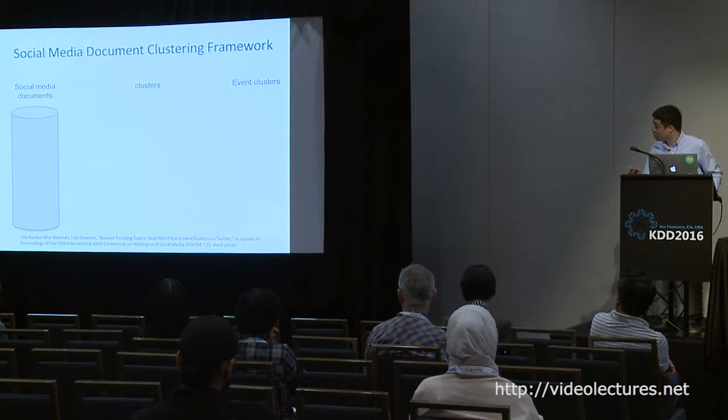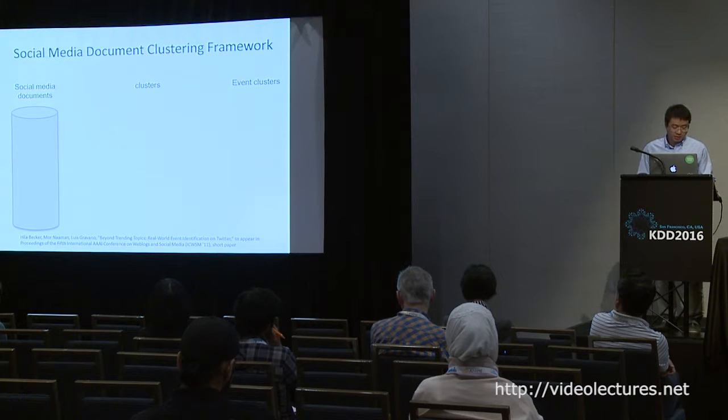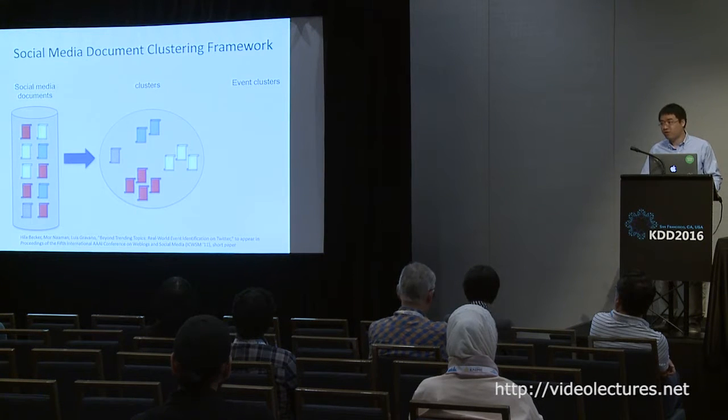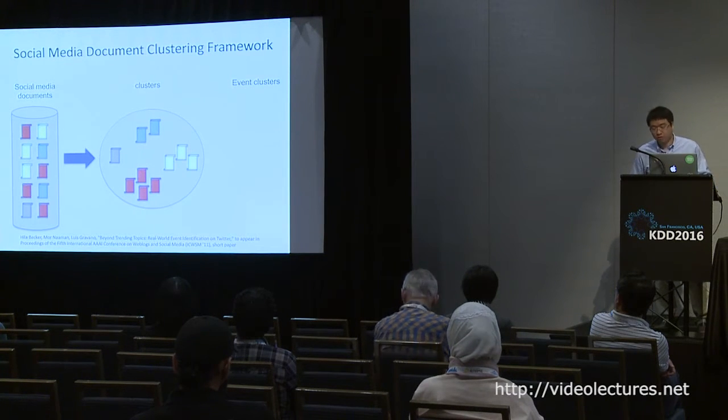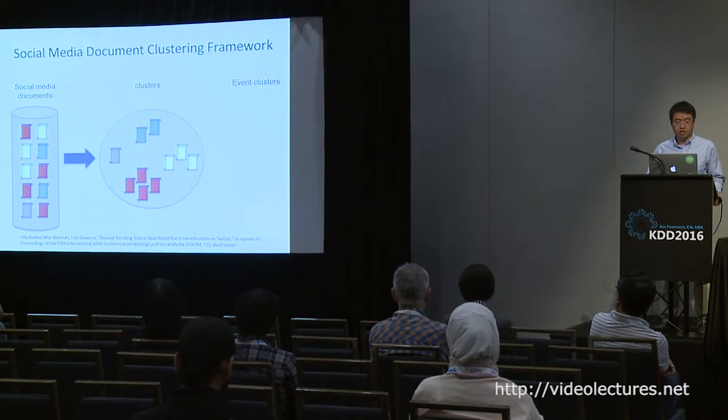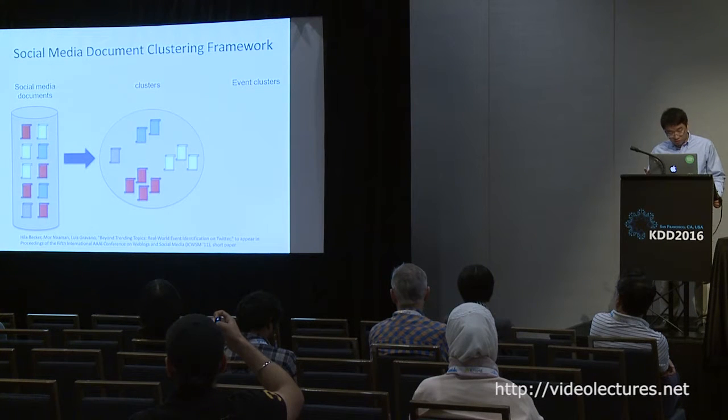As I said, the majority of existing event detection algorithms are like this. Given social media documents like tweets, the first step is to do clustering. They obtain clusters using supervised or unsupervised clustering algorithms.